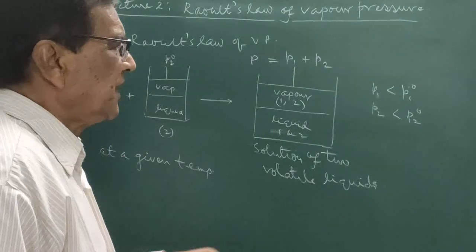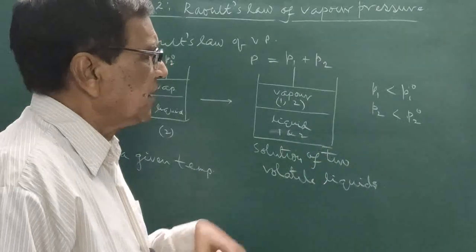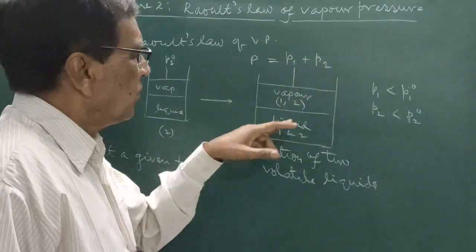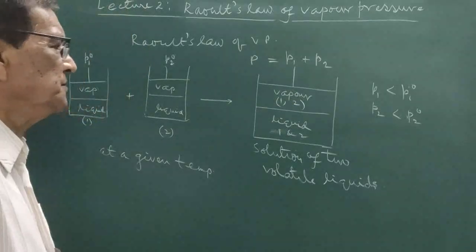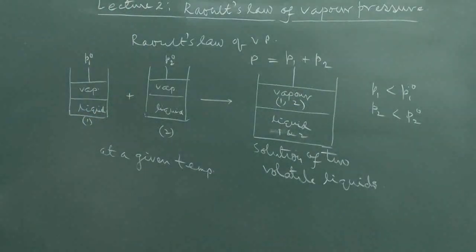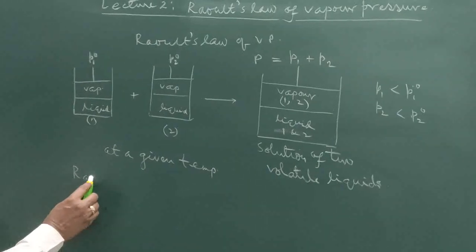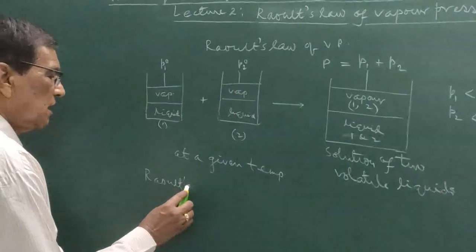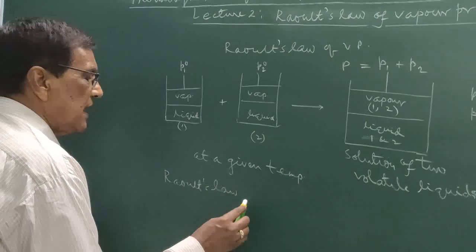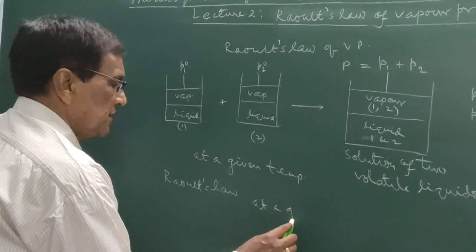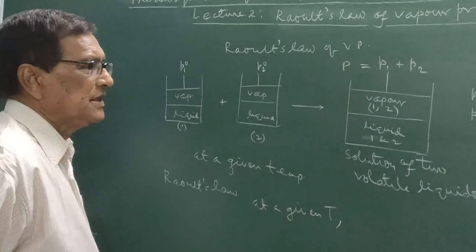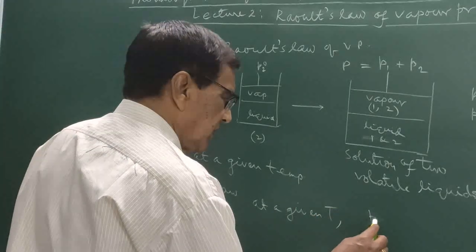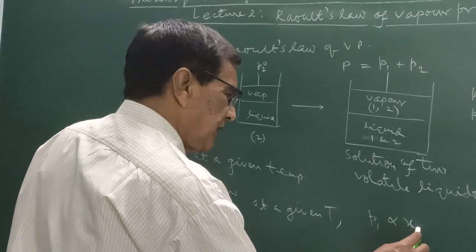So how can we get P1 and P2 of the two components whenever they are in a solution? Here Raoult's law states that at a given temperature T, P1 is proportional to X1.